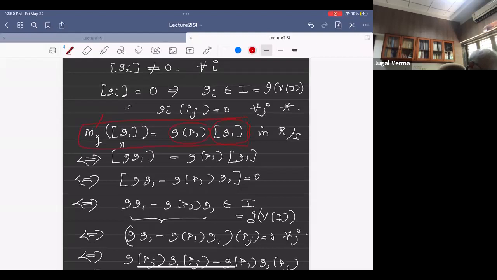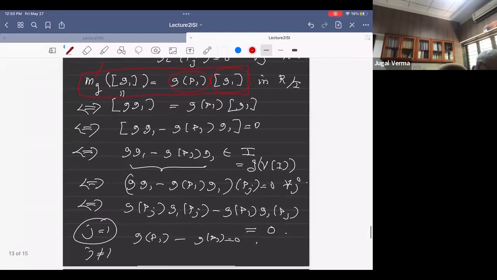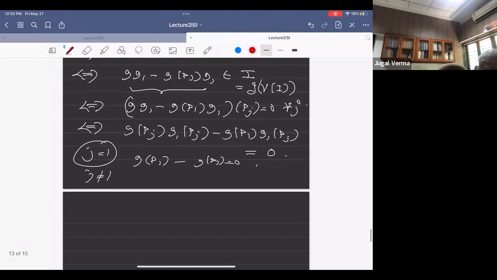The same thing is true for the residue classes of the other Lagrange interpolation polynomials. So what we have proved is that the residue classes of Lagrange interpolation polynomials are eigenvectors, and the eigenvalues are g(P1), ..., g(PN).